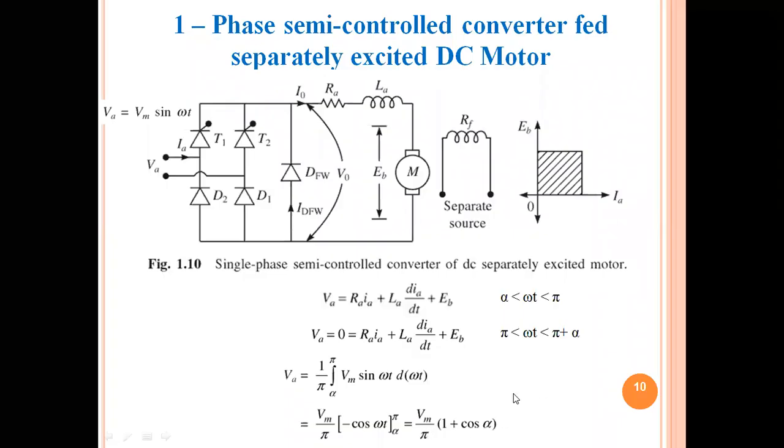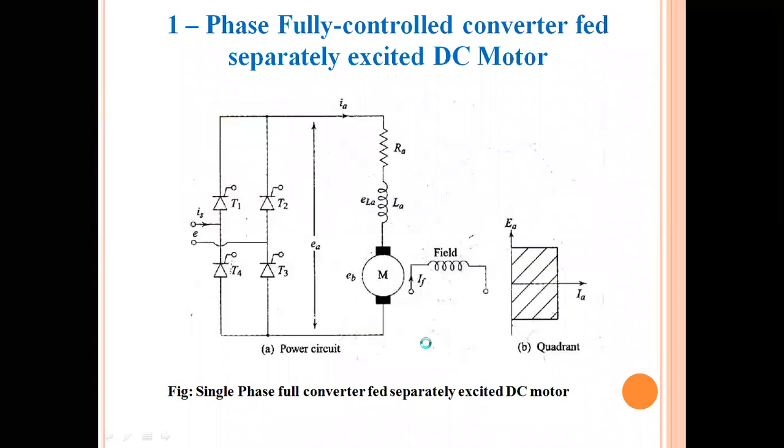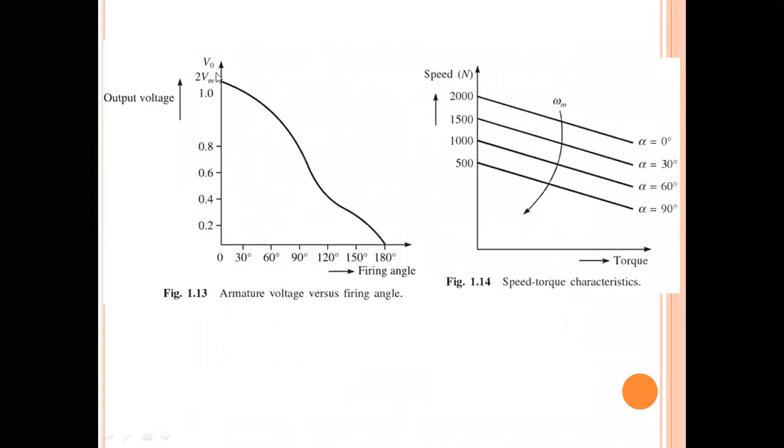So at alpha 0, the output will be maximum, which is 2 Vm by pi. If alpha goes on increasing, the output voltage will decrease.